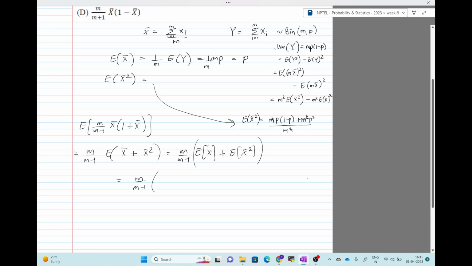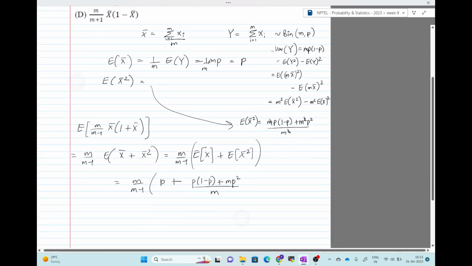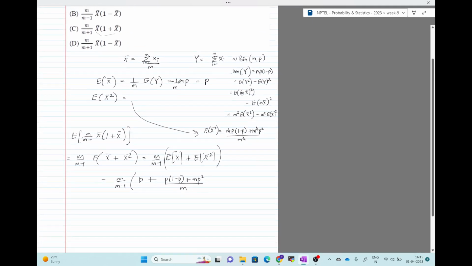This we know is p, and this is p into 1 minus p plus mp square upon m. So what do we get?